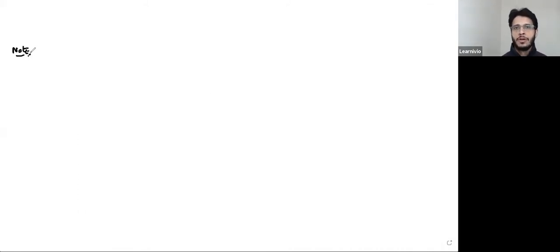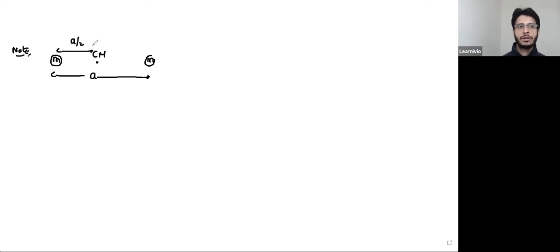Next are a few conceptual questions. If you have two equal masses placed at a separation a, their center of mass will lie exactly at the midpoint, so this will be a by 2 and this will be a by 2.